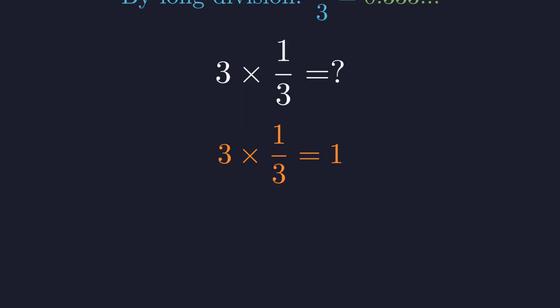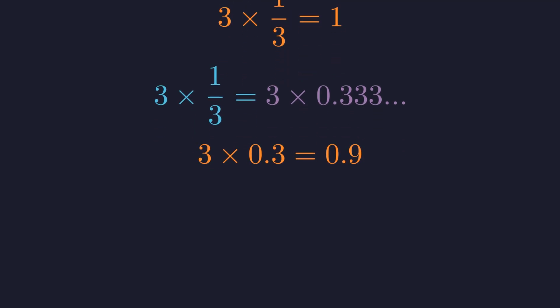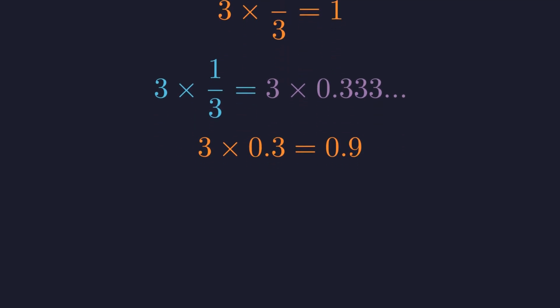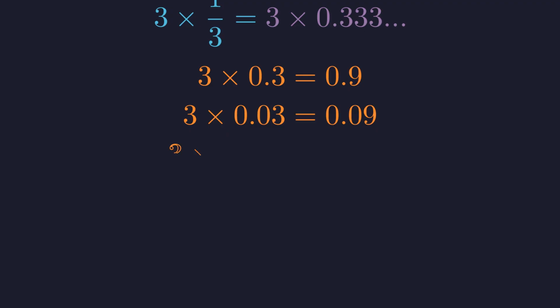That's basic arithmetic. But we also know that 1/3 equals 0.333..., so we can write this as 3 times 0.333... So what is 3 times 0.333...? Let's think about this digit by digit. 3 times 0.3 equals 0.9. 3 times 0.03 equals 0.09. 3 times 0.003 equals 0.009.